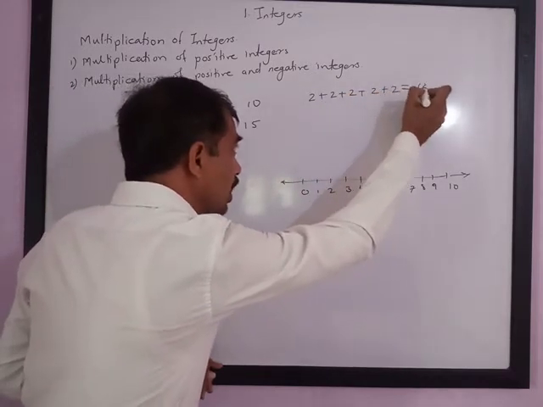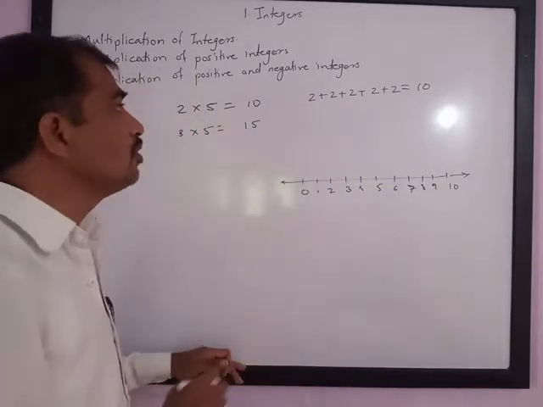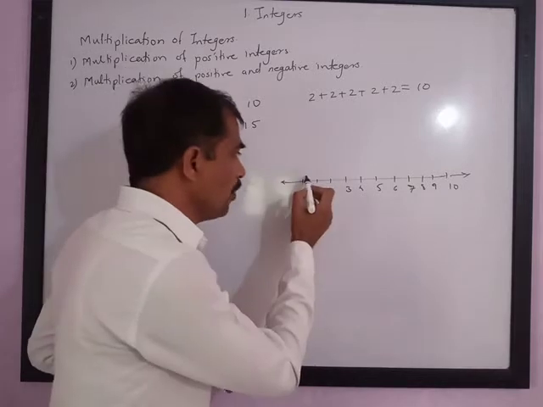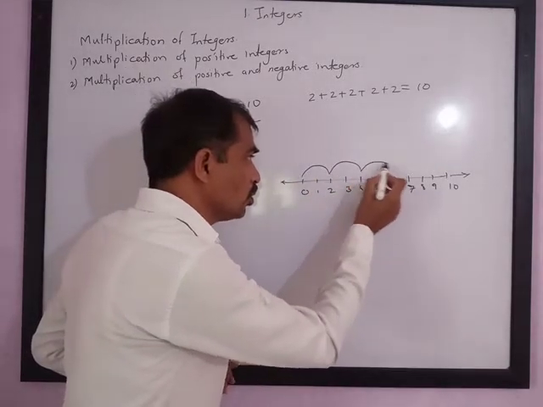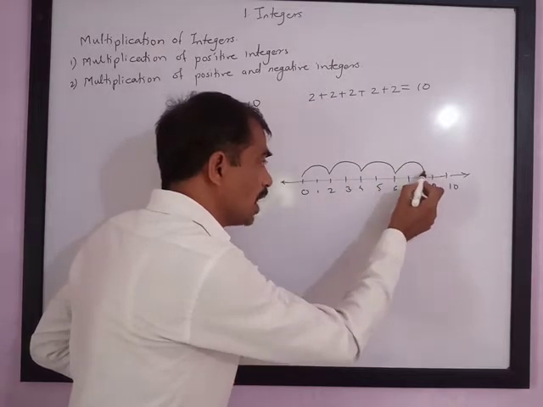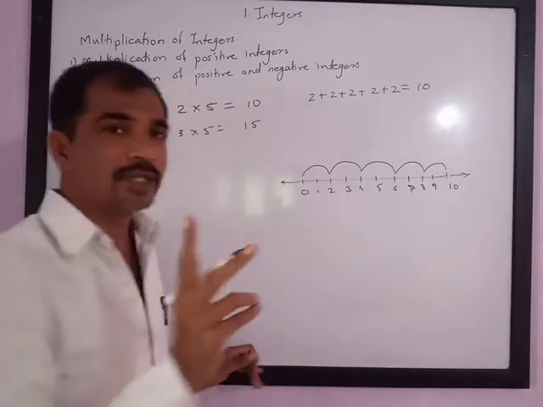This is equal to 10. Now we already know when we add positive integers we shift to the right hand side. So 2 ones are 2, 2 twos are 4, 2 threes are 6, 2 fours are 8, 2 fives are 10.